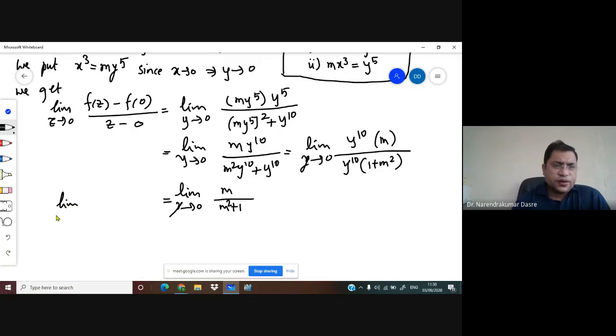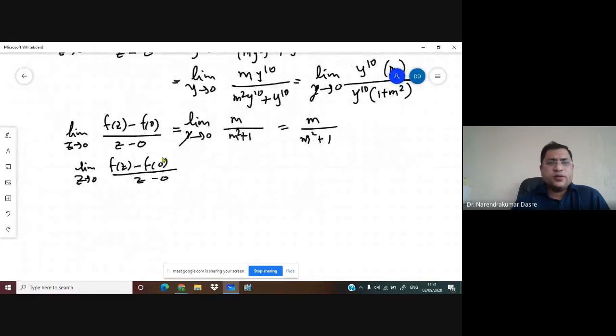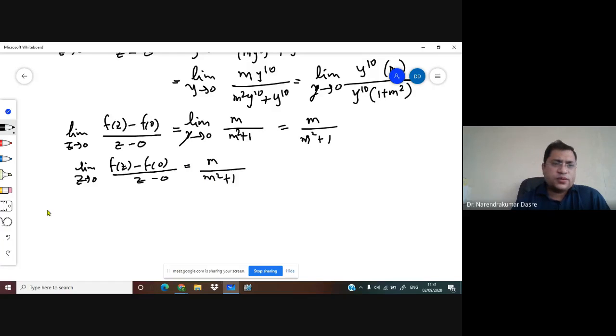So this is what we have: limit z tends to 0, f of z minus f at 0 upon z minus 0, is equal to m upon m squared plus 1.